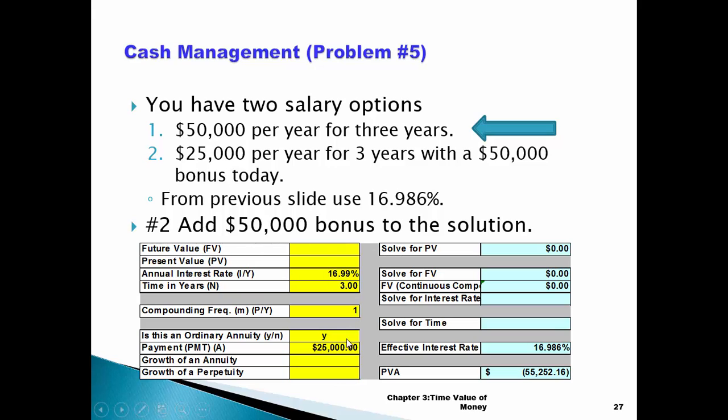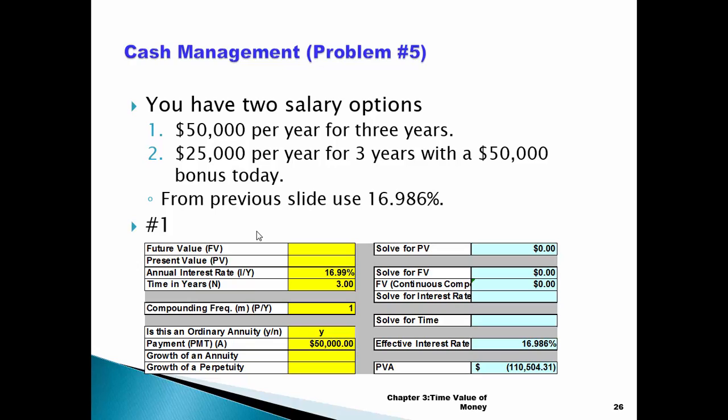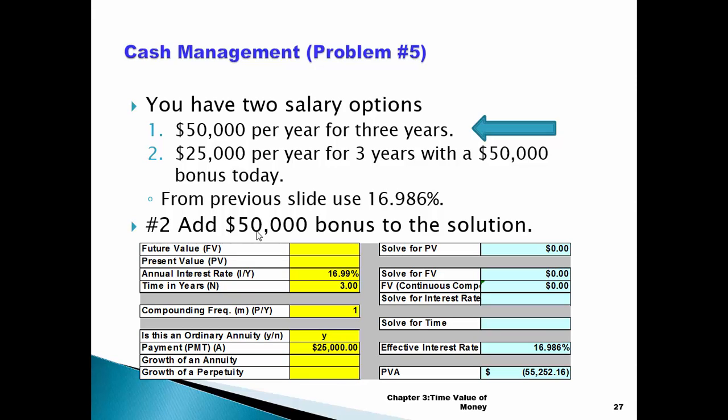The other option is to get $25,000 a year for 3 years, which turns out to be $55,252. But in addition to that, you get $50,000 today. So you add those together, that's $105,000. So which would you rather have? Would you rather have $110,000 in today's money or $105,000 in today's money? And of course, you'd rather do option 1 rather than option 2.